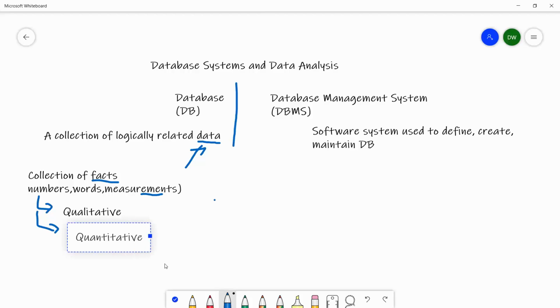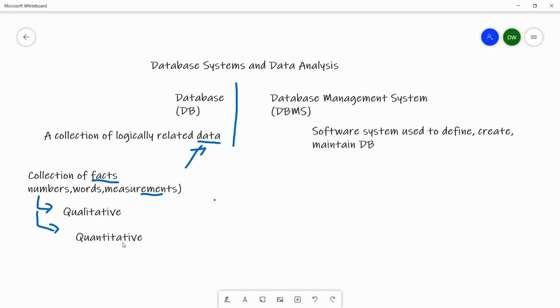Qualitative data describes the quality, right? For example, if I ask you what your favorite color is, or whether something is smelly or smells good, there we describe a quality, and for that kind of data we say qualitative data.